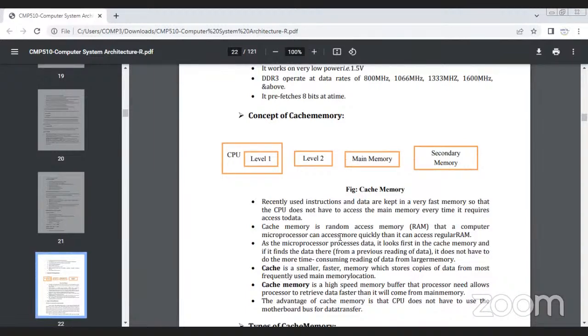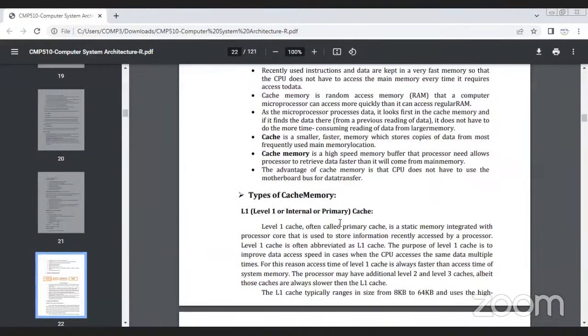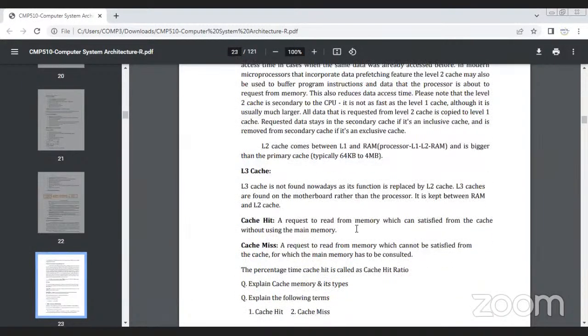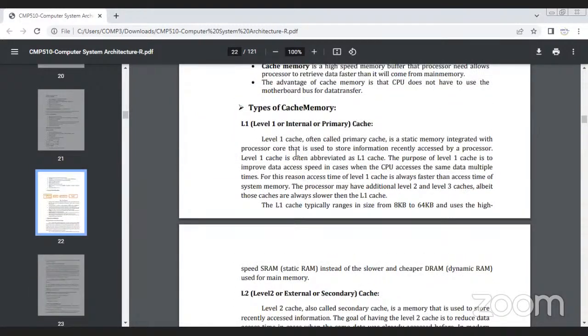Then there is a type of cache memory: level 1 cache, level 2 cache, level 3 cache. Okay, so level 1 cache, often called a primary cache, which is a static memory integrated with the processor core, and that is used to store information recently accessed by the processor.